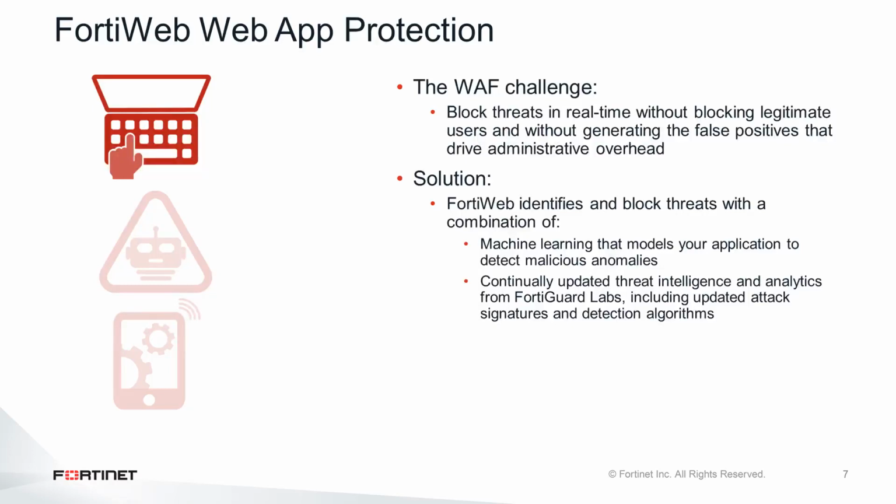FortiWeb provides benefits that can help organizations protect their web applications against known risks, including the OWASP Top 10 and unknown and zero-day threats. Furthermore, FortiWeb reduces administrative overhead by reducing false positives with machine learning. FortiWeb can also be used to address PCI-DSS 6.6 requirements.